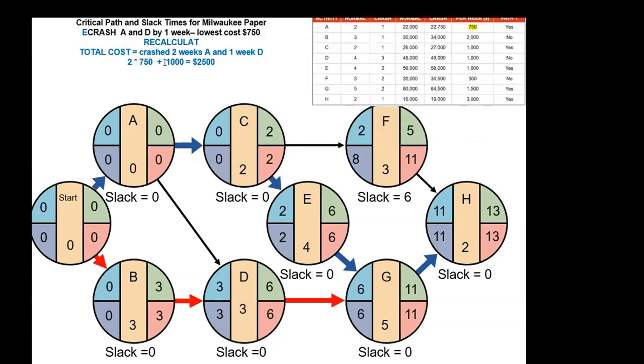Did it crash it by 2 weeks? From 15, it dropped to 13. And the cost was, because we did two crashes on A, $750 each, and one time D, $1,000. Together, $2,500.